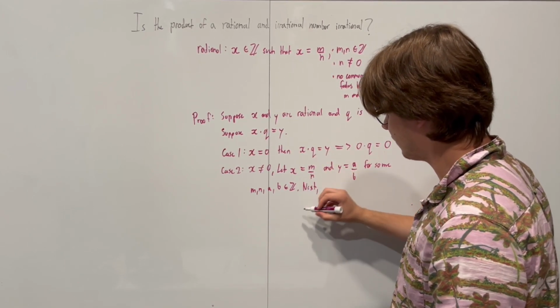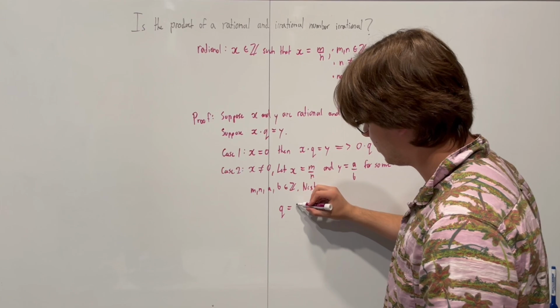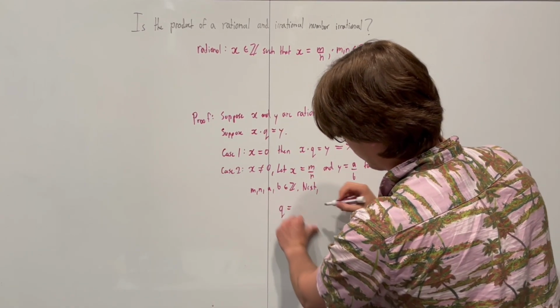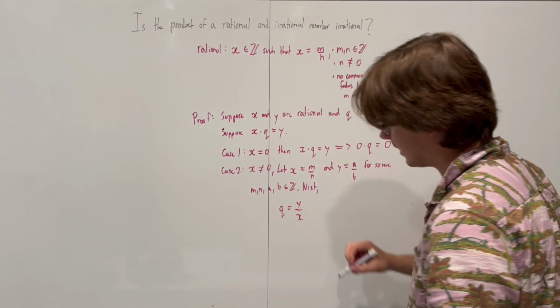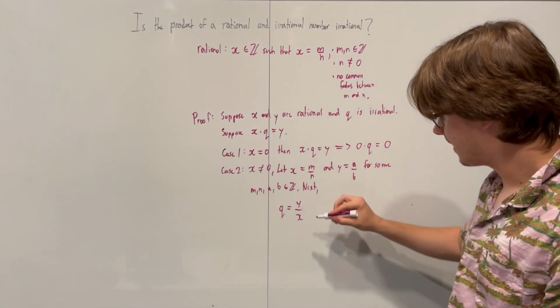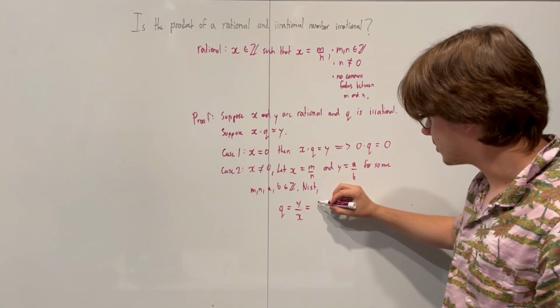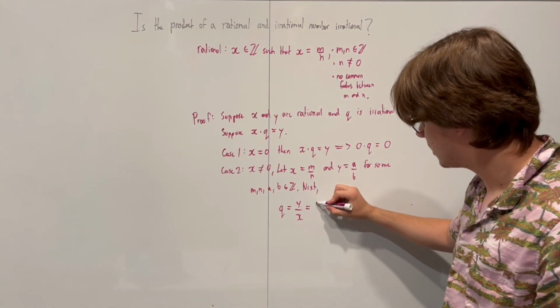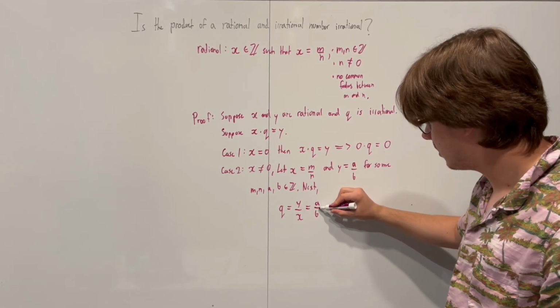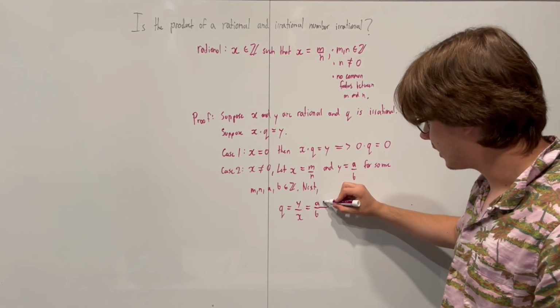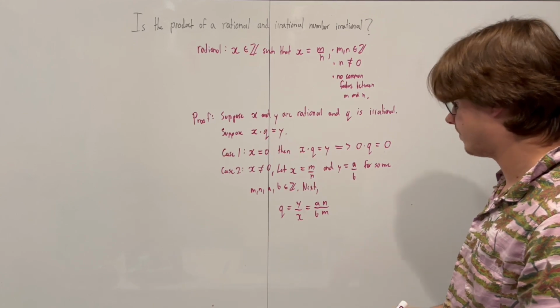Next, q would be y over x, which is going to equal y, which is a over b, times 1 over x, which is n over m.